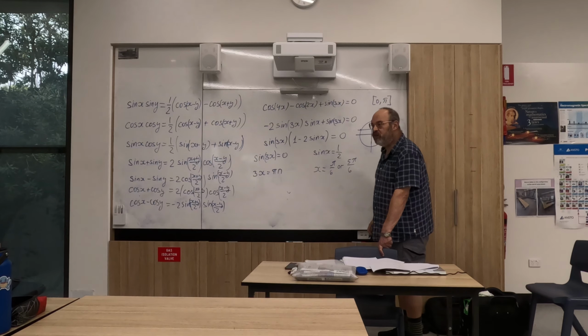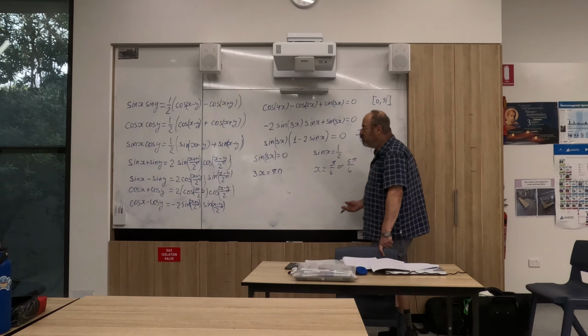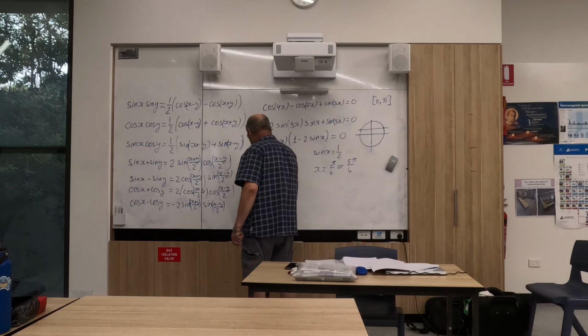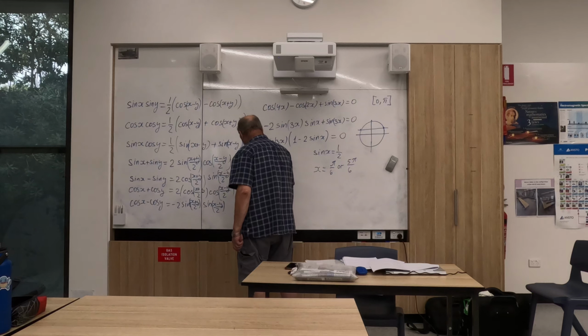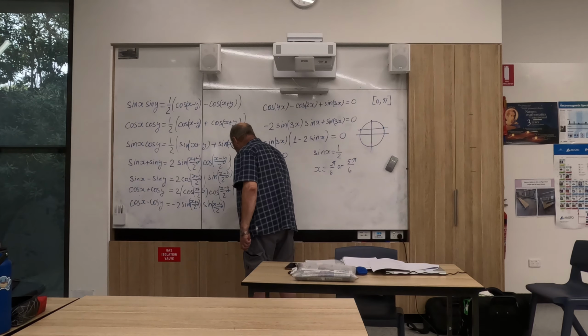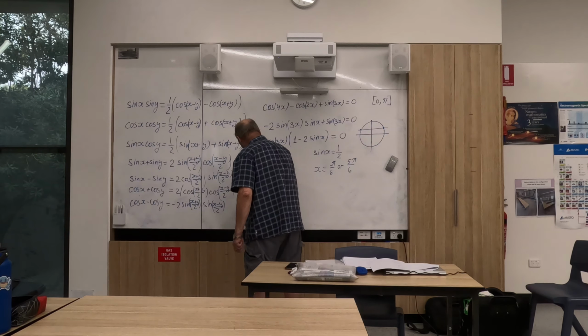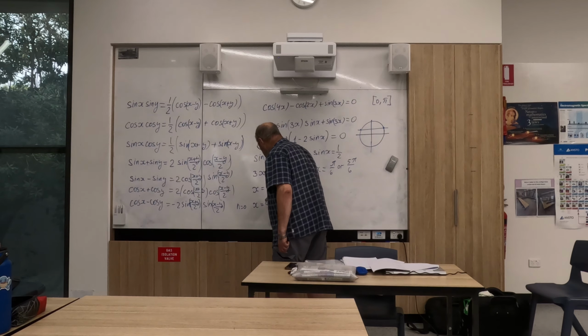What should be the next step? Do we want to find x? We have x equal pi n on 3. We take n equals 0, we get solution x equals 0.